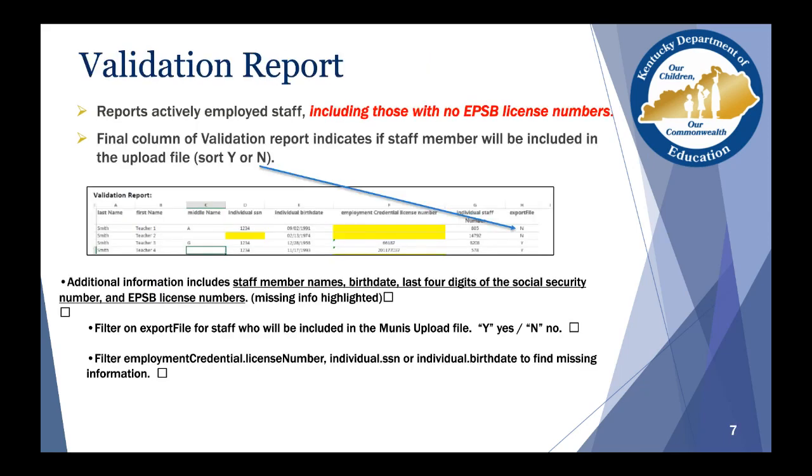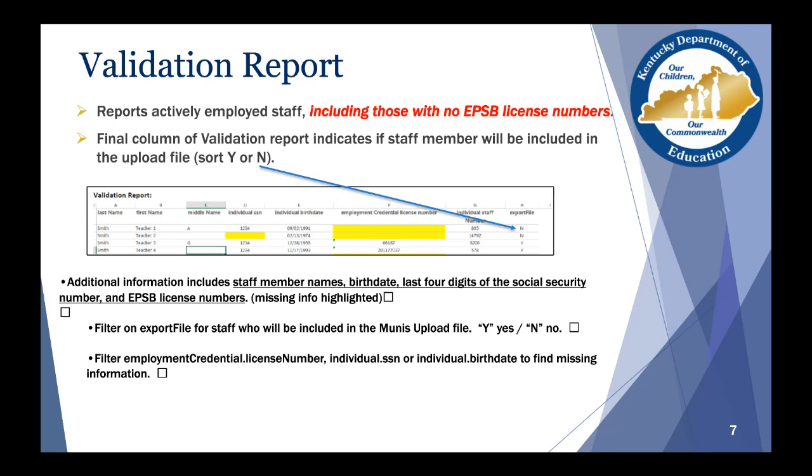The validation report reports actively employed staff, and it's going to include those employees, whether they have an EPSB ID number or not. The column on the far right, the export file, is going to indicate with an N or a Y: N meaning that no, they're not going to pull on the import file, Y that they will pull on the import file.